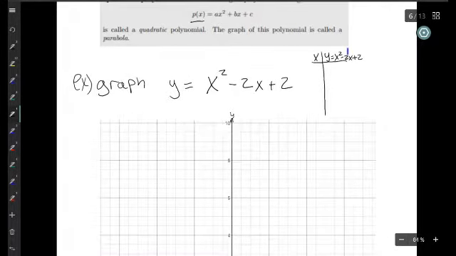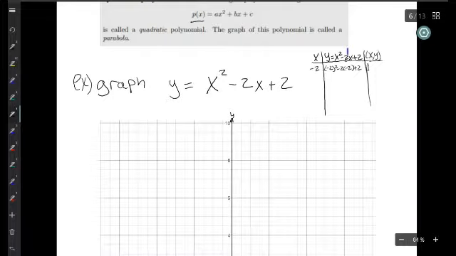Okay, so when x is negative 2, then we get negative 2 squared minus 2 times negative 2 plus 2. So that's 4 plus 4 plus 2, so 10.